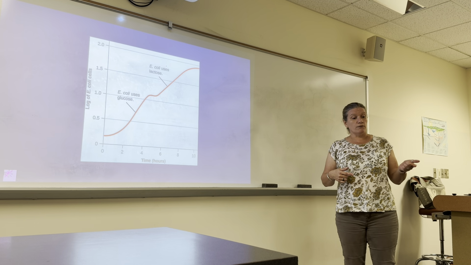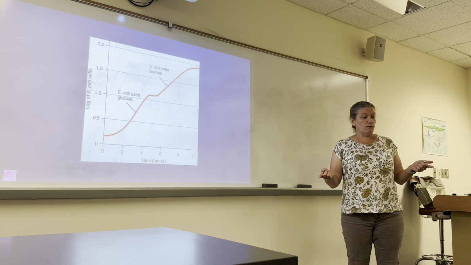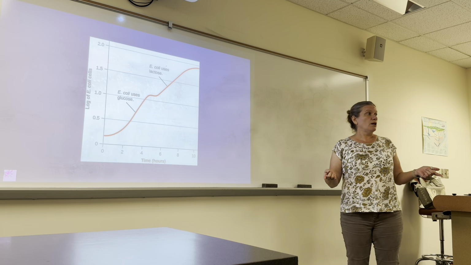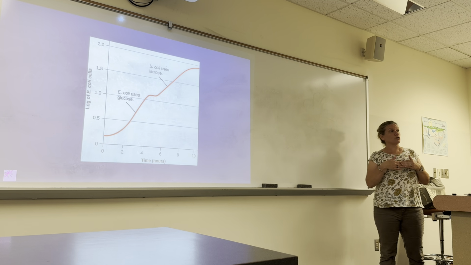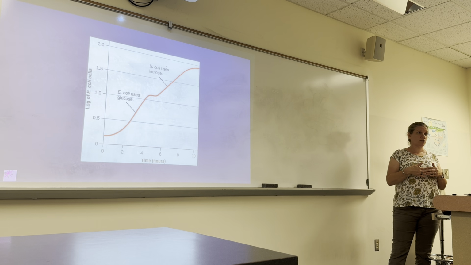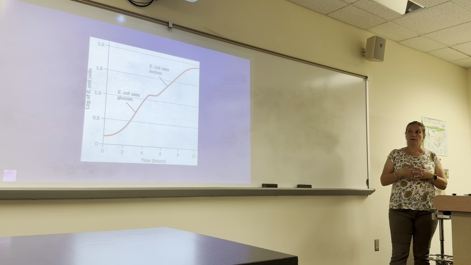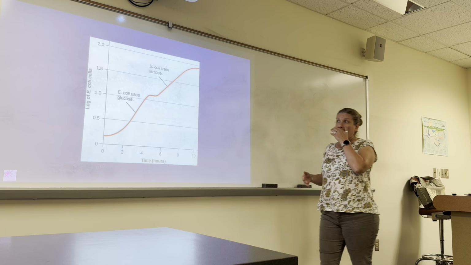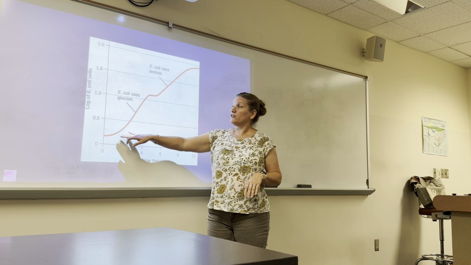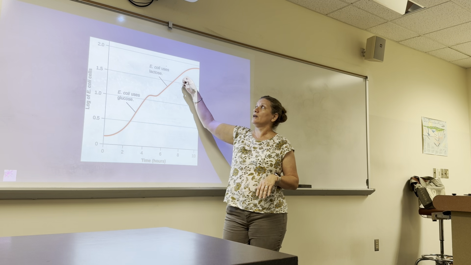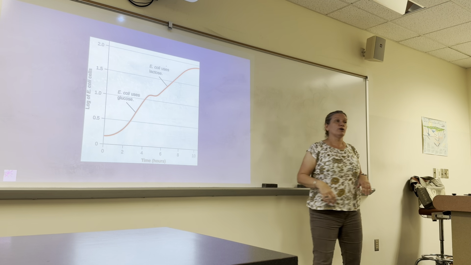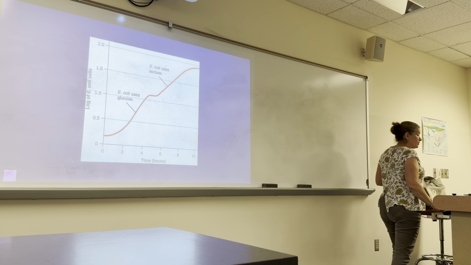Given the choice of glucose and lactose, if glucose is present, bacteria will metabolize the glucose before they touch the lactose. Okay? Which we see in this chart is just showing the use of the glucose before they are going to switch gears and use the lactose.